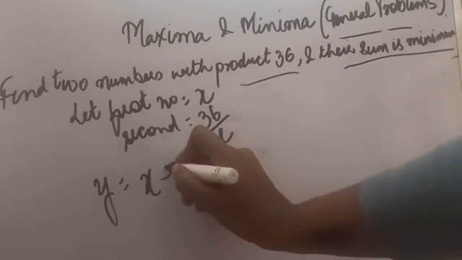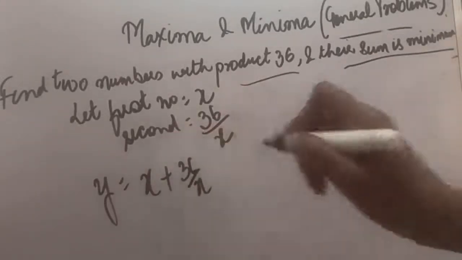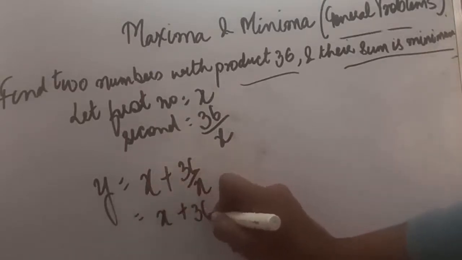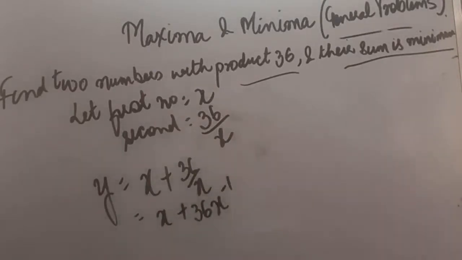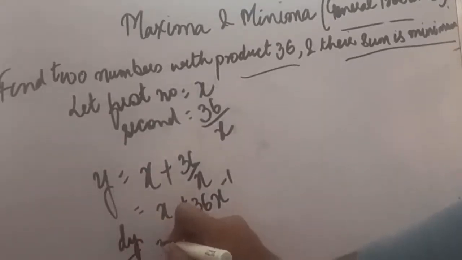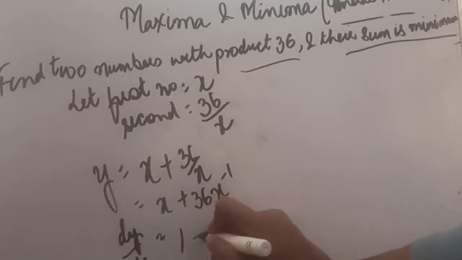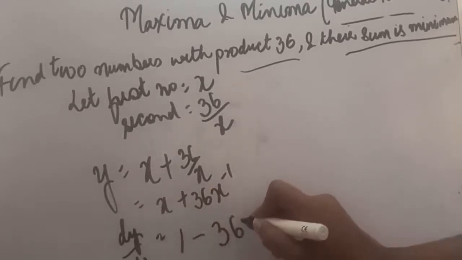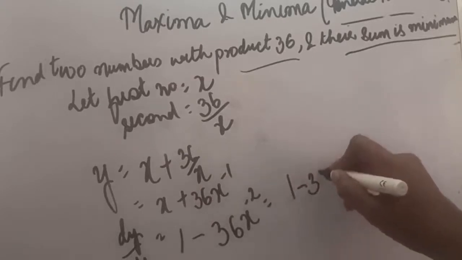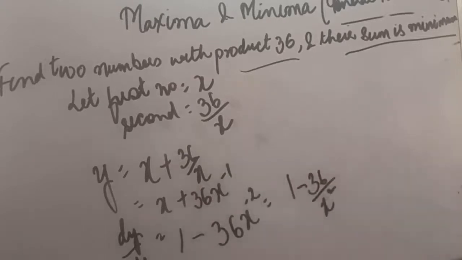So simply we take the sum of these numbers. Before taking the derivative, we can write this as x plus 36 x power minus 1. Now if we take the derivative, the derivative of x will be 1 and it will be minus 36 x power minus 2, or we can say 1 minus 36 divided by x power 2.